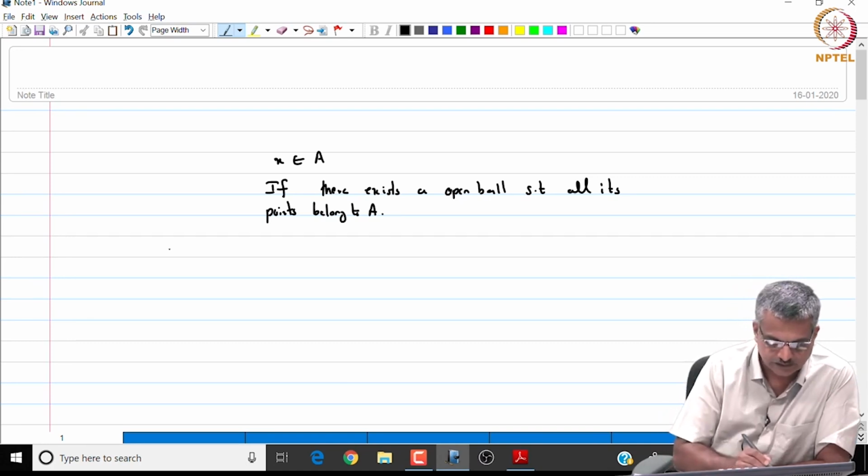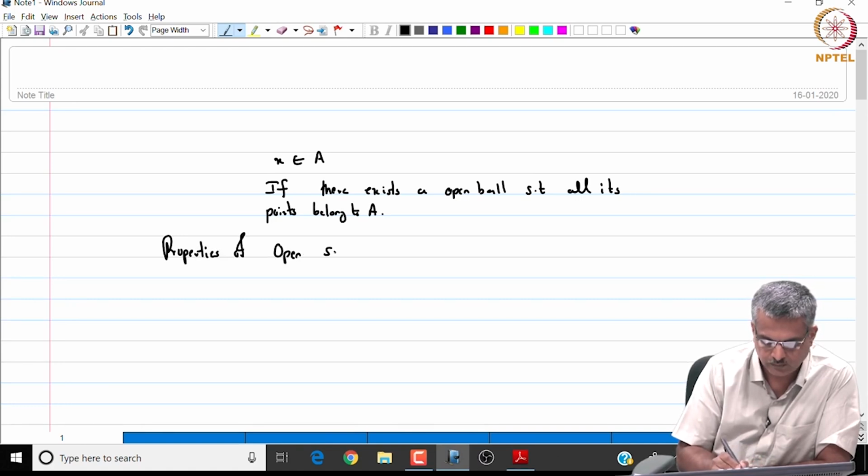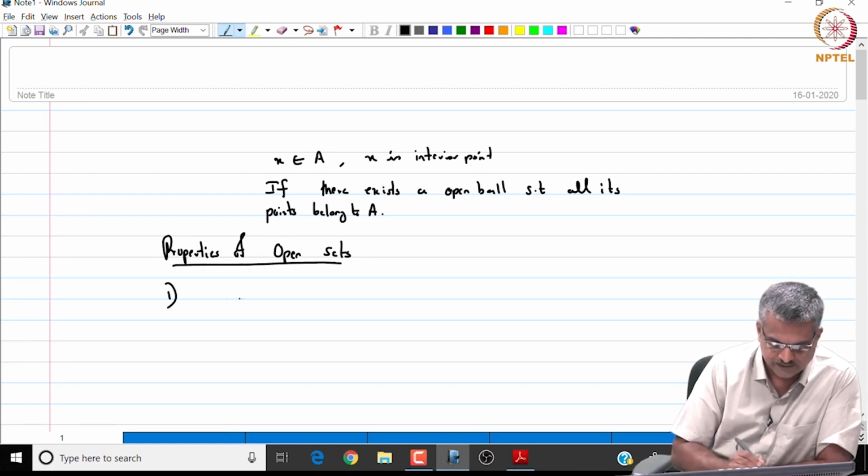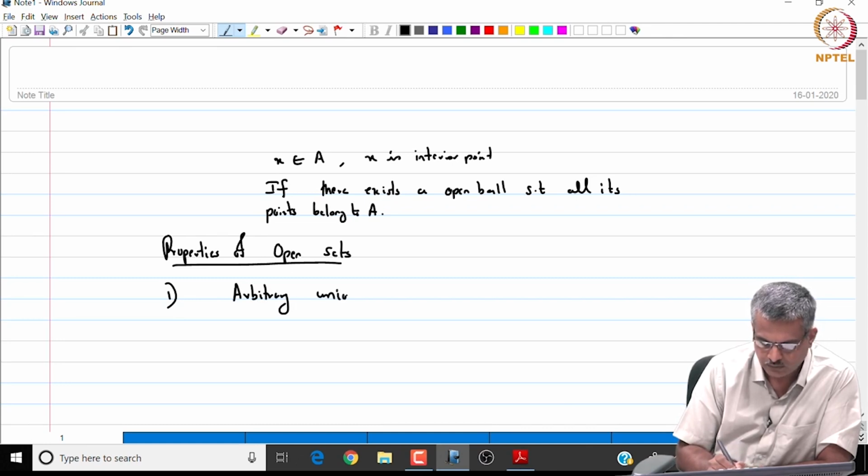So, let us see some properties of open sets. The first property is: an arbitrary union of open sets is open.